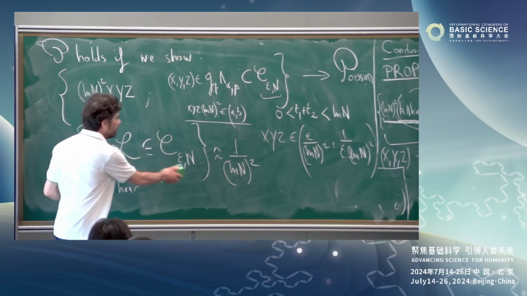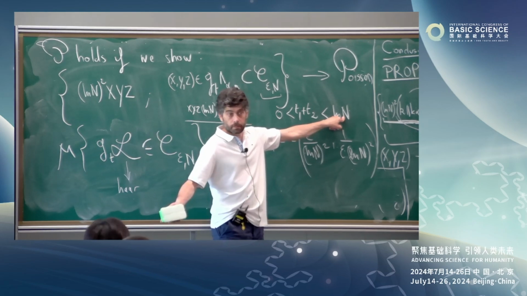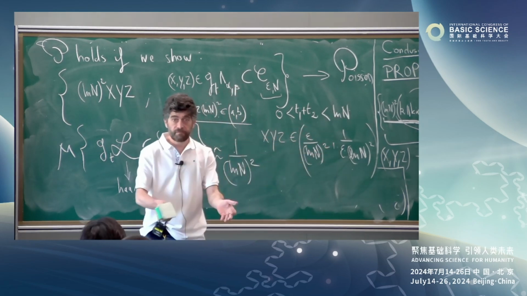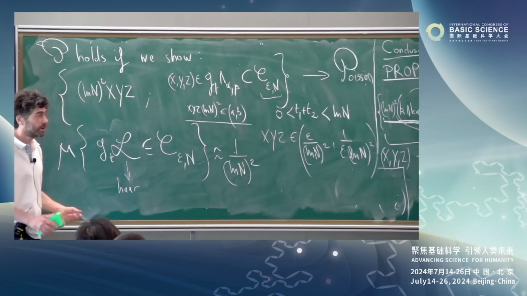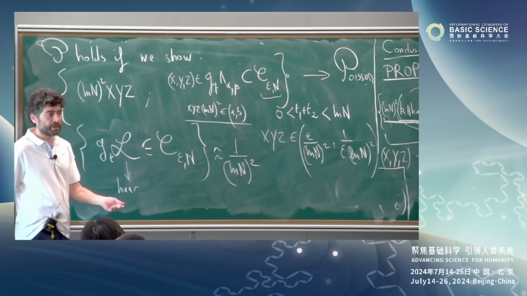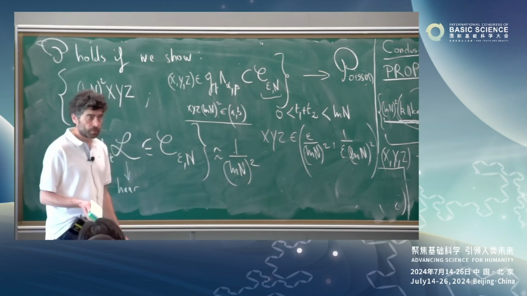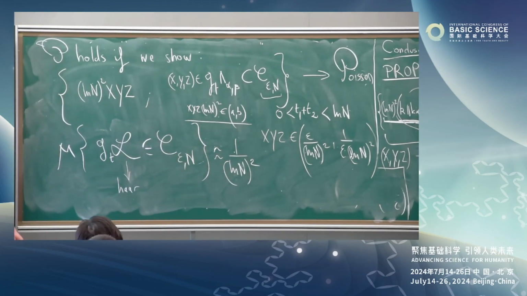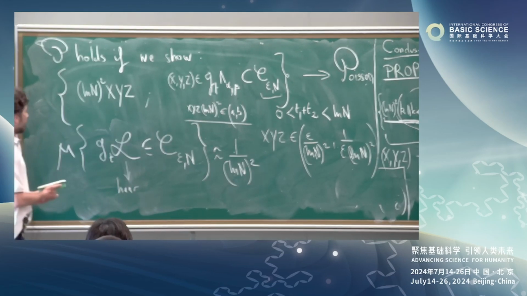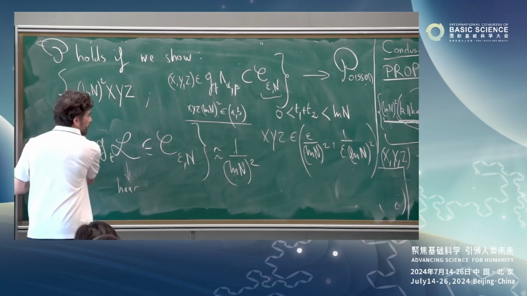And how many do you have? Log n squared. So we have rare events of probability 1 over log n squared. We have log n squared of them. And you open Wikipedia and you see that this is going to converge to Poisson, provided they are independent.